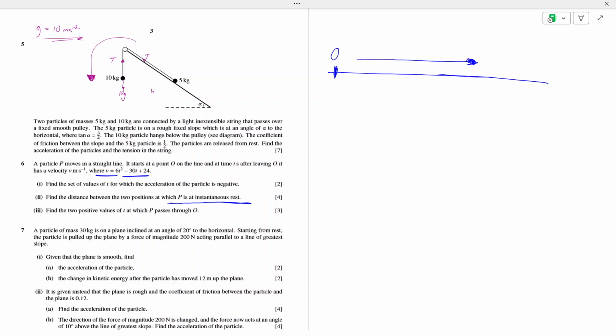Remember, any displacement from O will be s. So I know that if the particle P right here is to pass through O, that means s would have to be equal to 0, right?